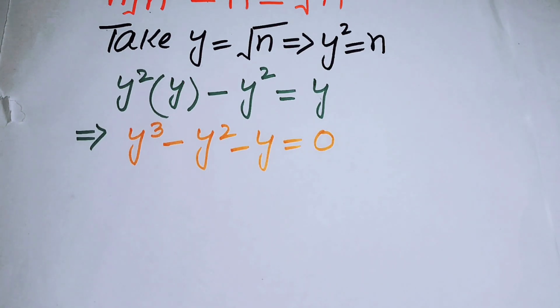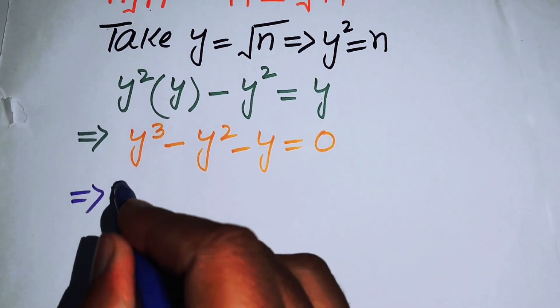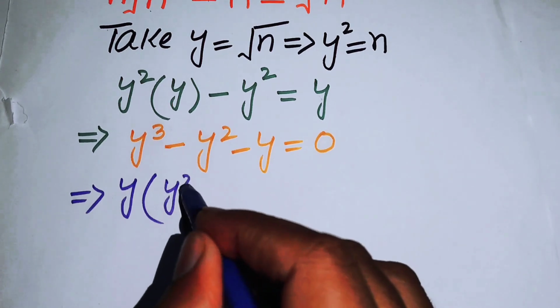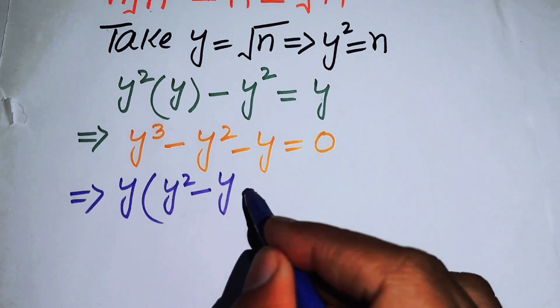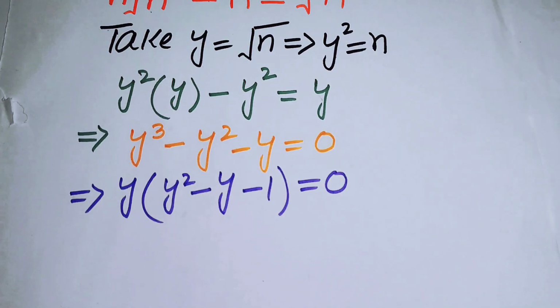So in the next step you will see here we have y as the common term, so we take common y here, and we get y squared minus y minus 1, and this whole equals 0.